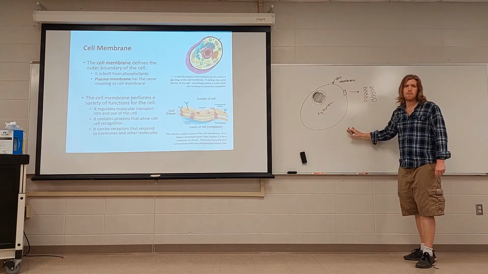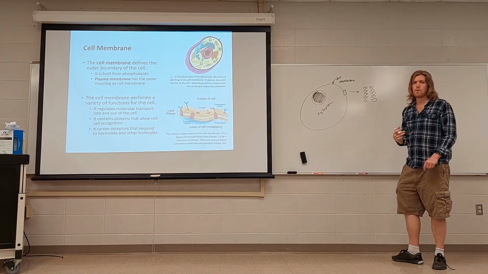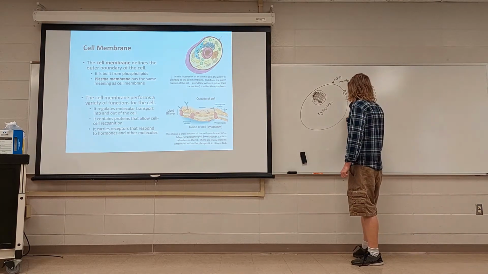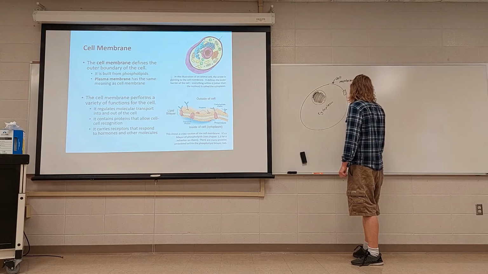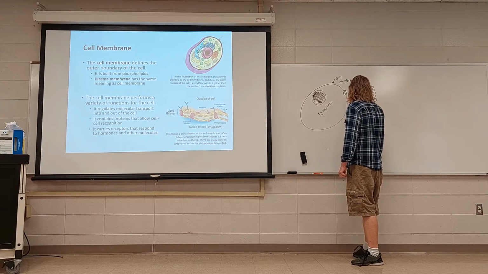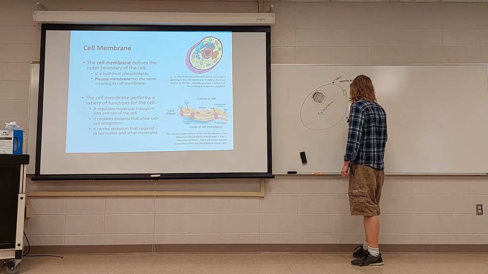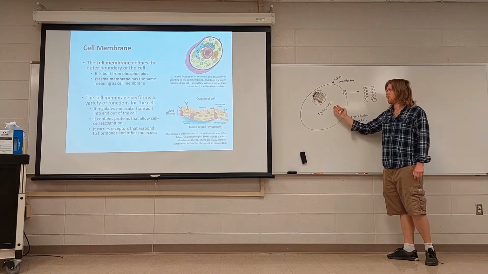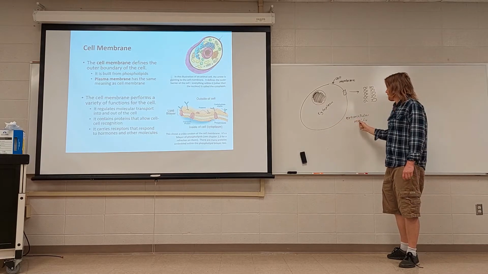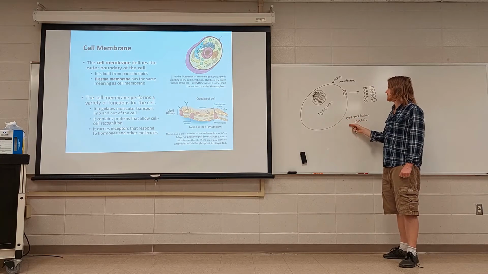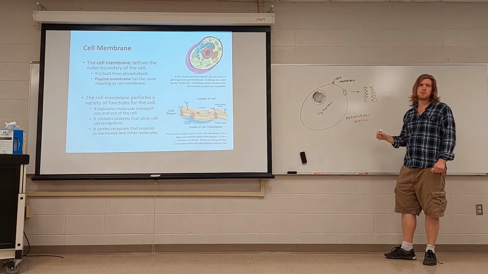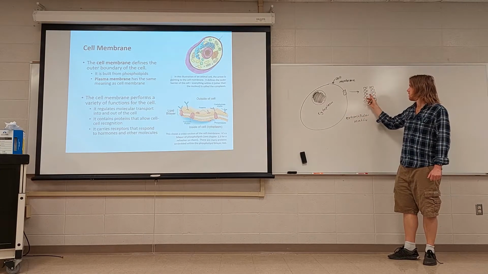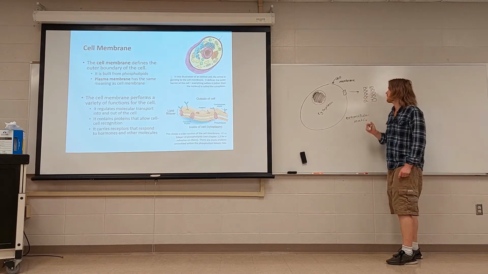Outside of the cell, it's mostly a watery environment, and it is referred to as the extracellular matrix. And so you've got the cytoplasm inside with all of the organelles doing their job, the extracellular matrix outside the cell, and separating those two is this little double layer of molecules.